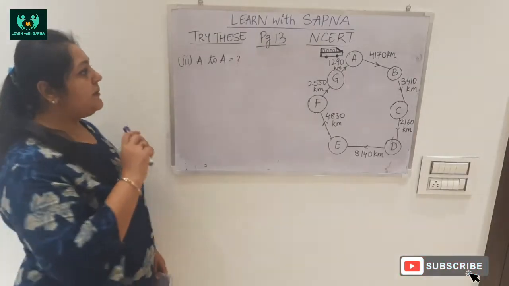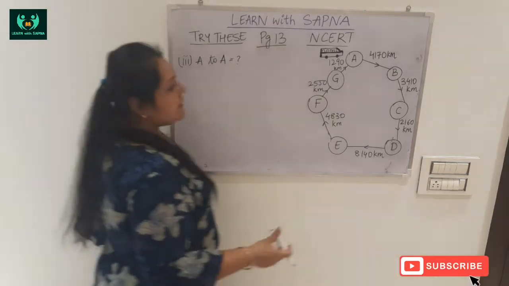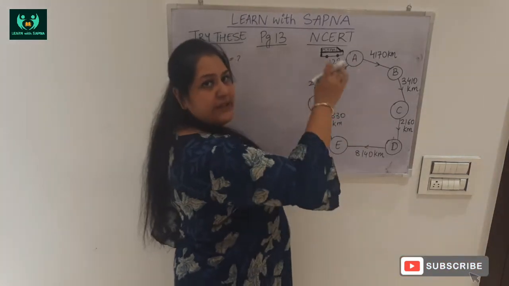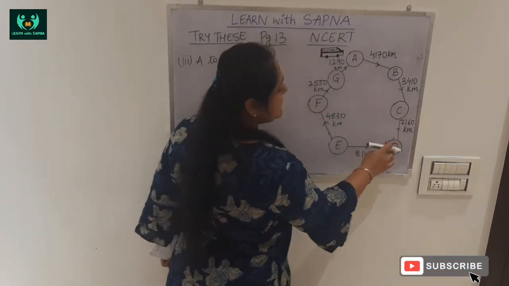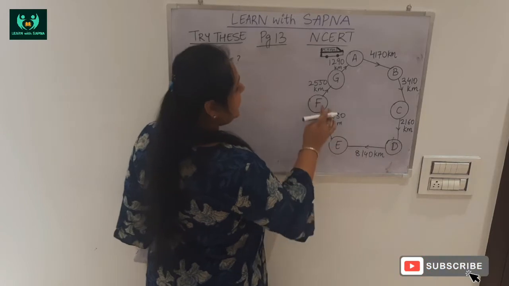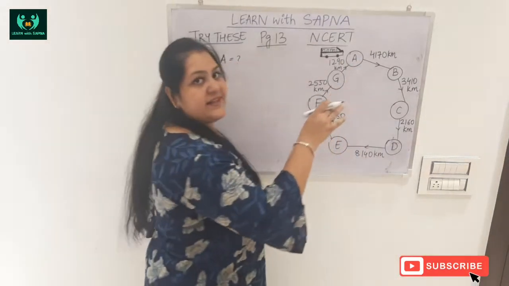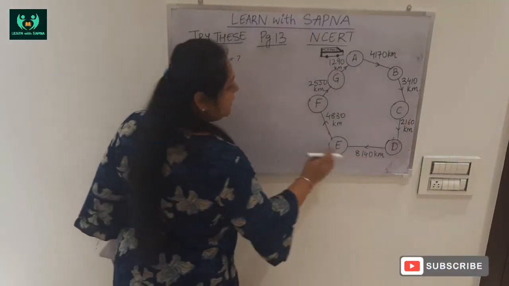Now the third part says we have to find the path from A to A. What does that mean? That the bus started from A and ended its journey at A. So it travelled from A to B, B to C, C to D, E, then to F, then to G and back to A, the point where it started. So the total journey will be all the paths.